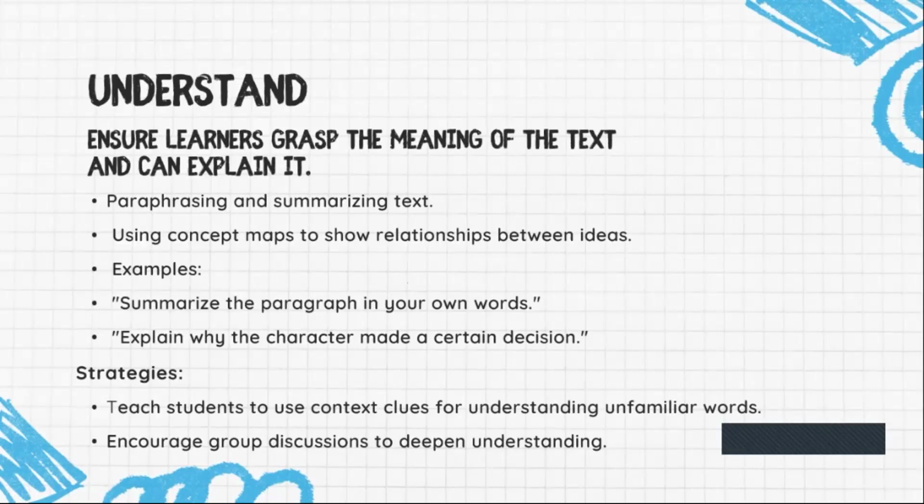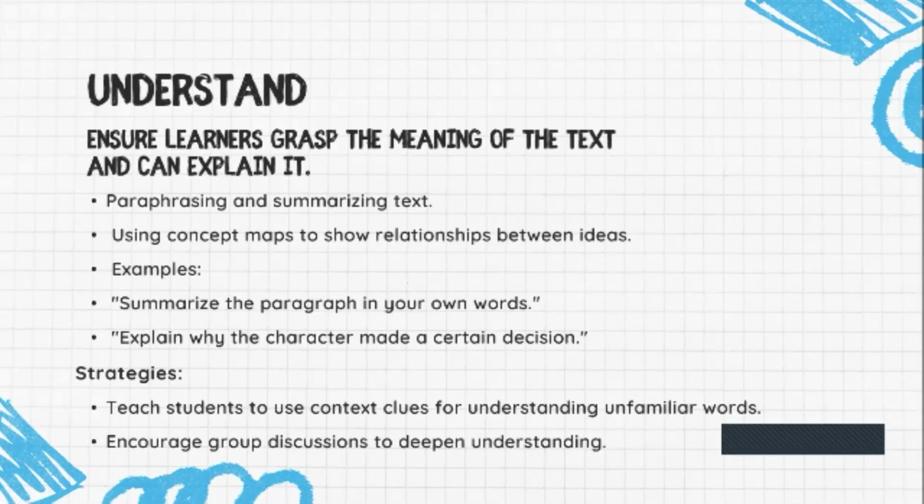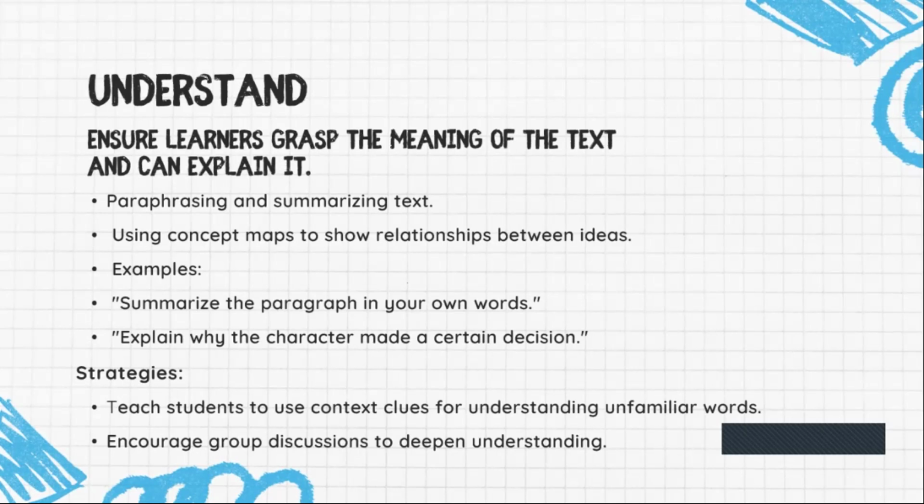And then you walk the room to listen to them. Some will already disagree with each other: no, that's not what happened next. Before that one, this one happened. So what you are doing is you are driving the level of understand in Bloom's taxonomy. You're asking them to paraphrase, you're asking them to summarize. Paraphrase, say it in your own words.